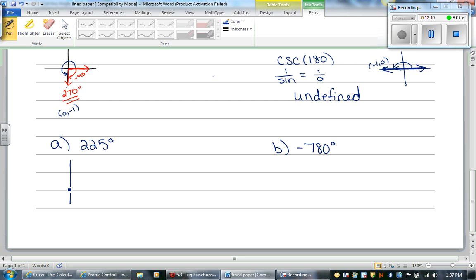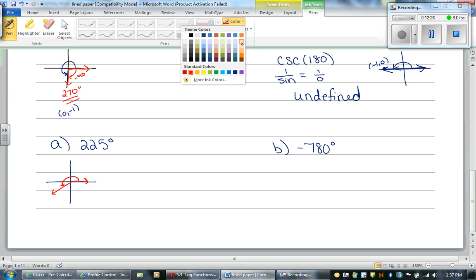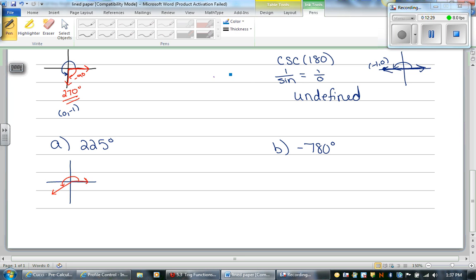We're in standard position to start. 225 degrees is going to be greater than 180 and less than 270, so let's say about here. I want to show my direction of rotation. The reference angle is the angle created with the x-axis and the terminal ray. So here's my terminal ray, here's my x-axis, it's this angle right here.